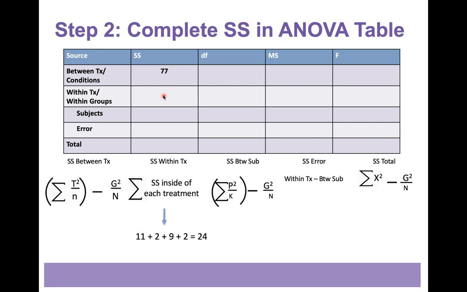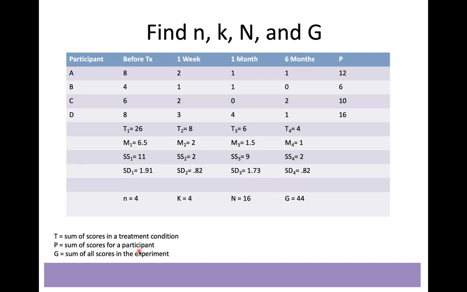The next box is our variability, our sum of squares within each group. This one's easier because we've already calculated the sum of squares inside of each treatment condition. Right? We have our sum of squares for treatment 1, treatment 2, treatment 3, and treatment 4.